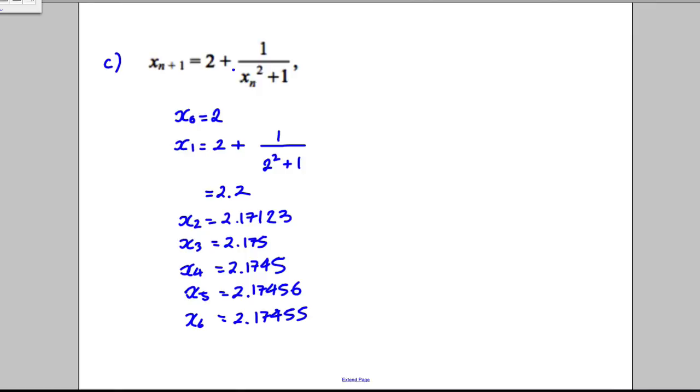Now, what's correct to 3 significant figures? Well, to 3 significant figures, we see that we've had 2.174, 2.17 and 2.17. So the answer seems to be x is equal to 2.17 to 3 significant figures.